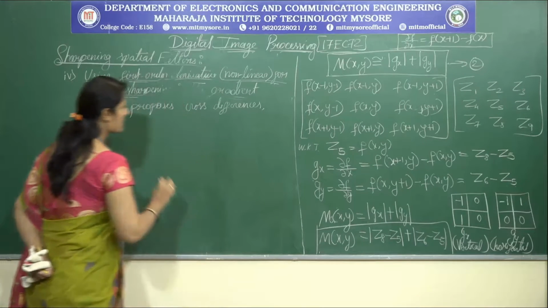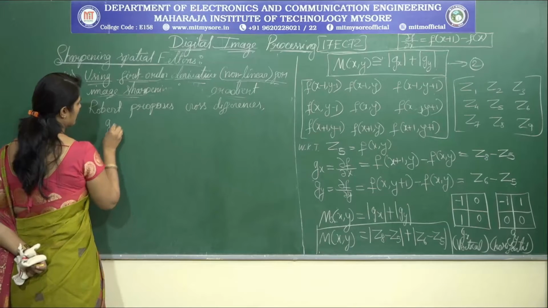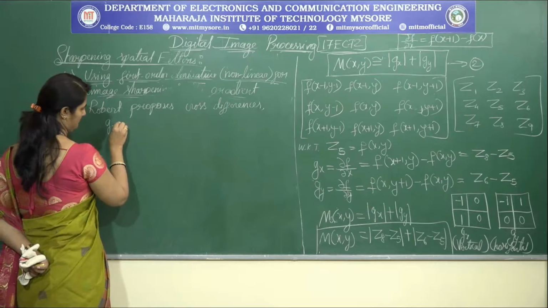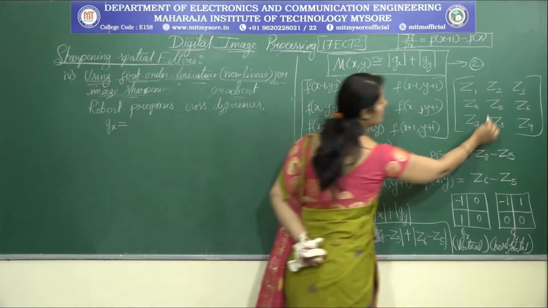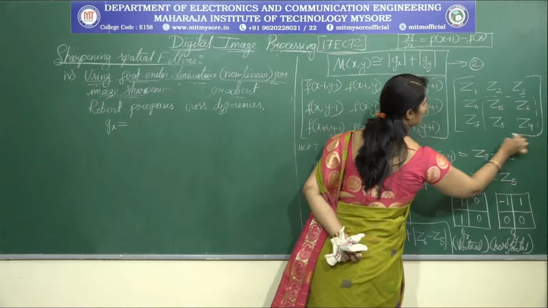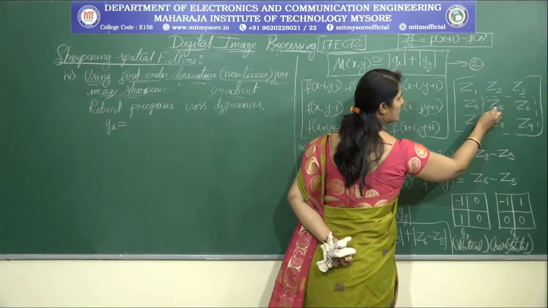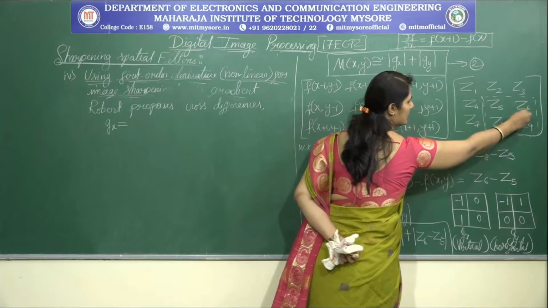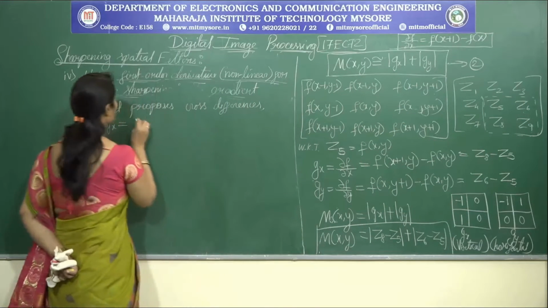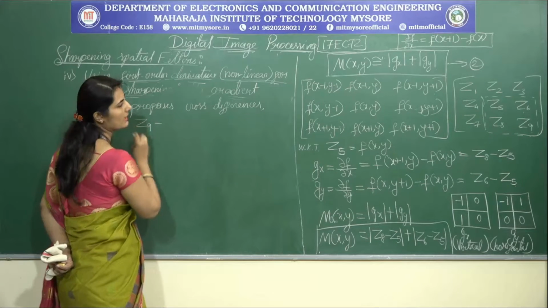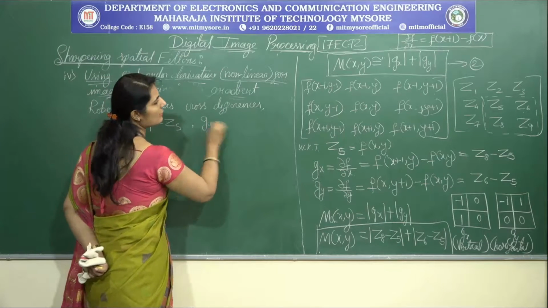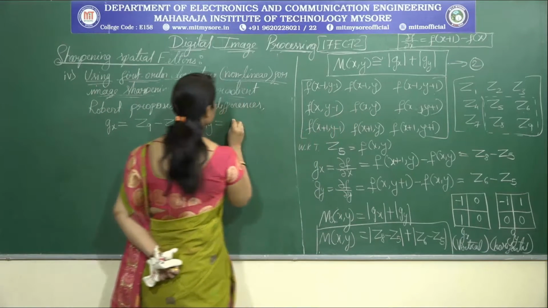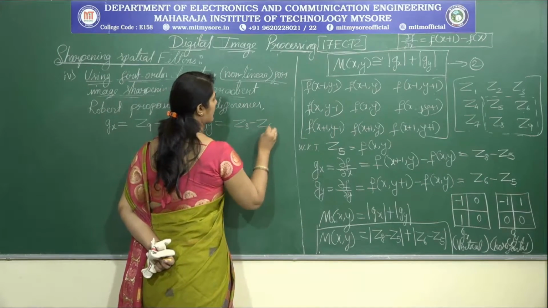For cross differences, for a 2 cross 2 mask, gx is equal to z9 minus z5 and gy is equal to z8 minus z6.